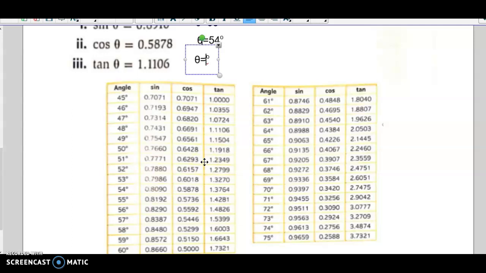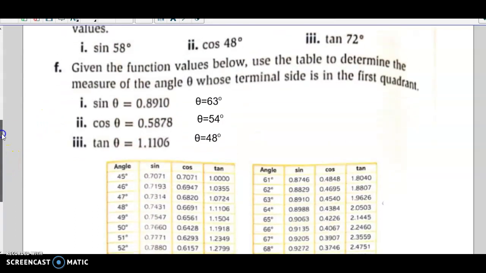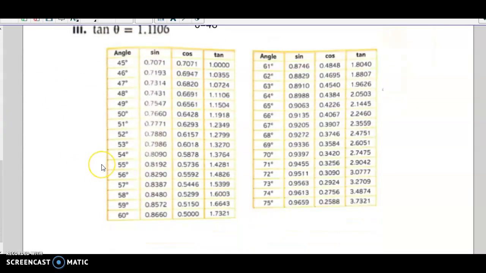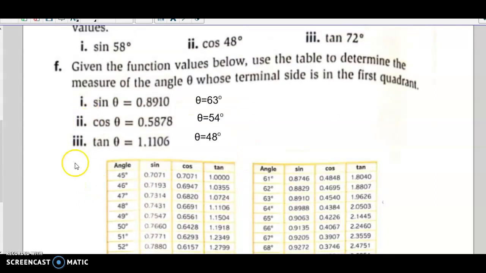Where is tangent equal to 1.1? Follow our tangent column, 48 degrees. I'm going to make a little note that we need to provide the trig table so you can print it out if you want. So that's how you do E and F.